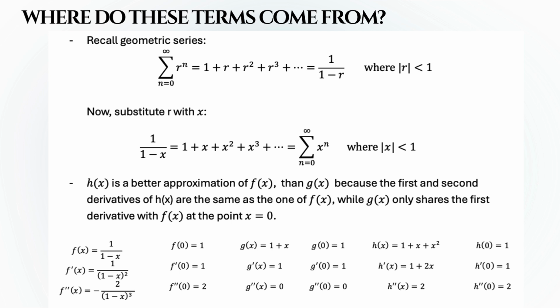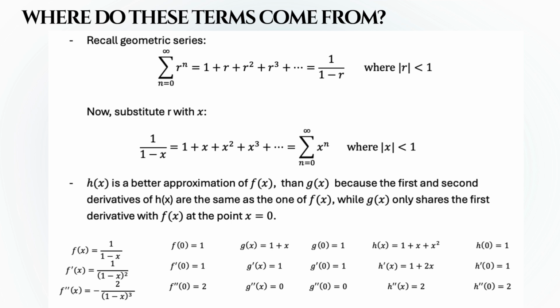Now let's compare how well certain polynomial functions approximate the original function f of x, which equals 1 over (1 minus x). Let's define three functions: g of x, h of x, and f of x. We say that h of x is a better approximation of f of x than g of x because the first and second derivatives of h match the first and second derivatives of f at x equals 0.